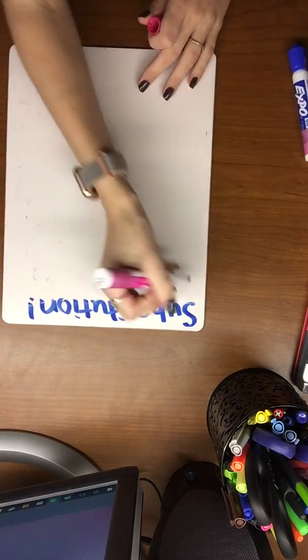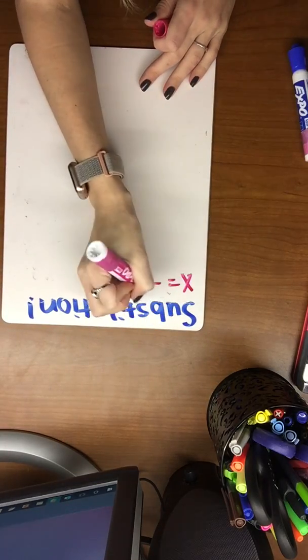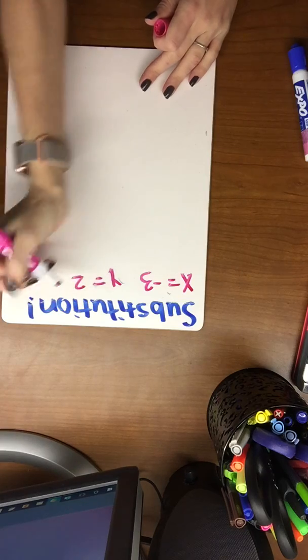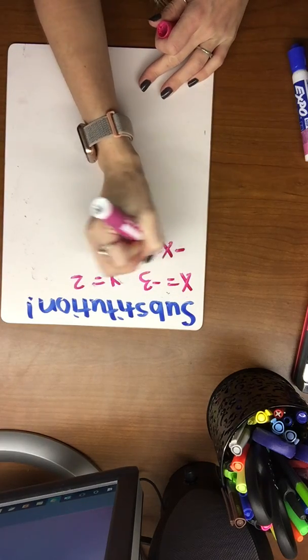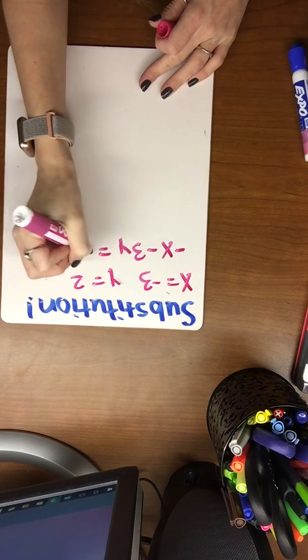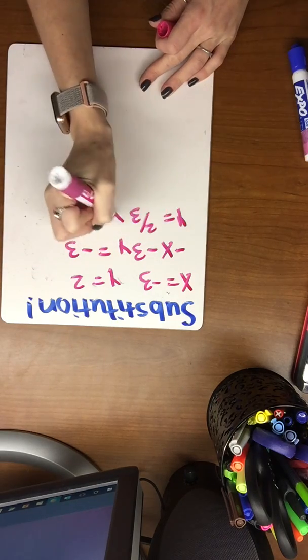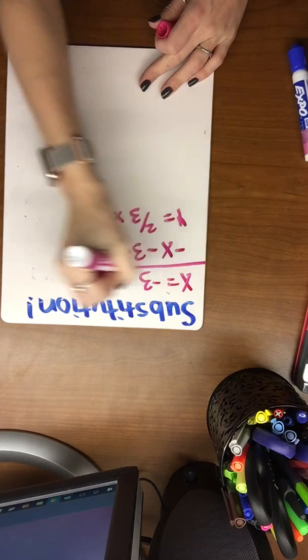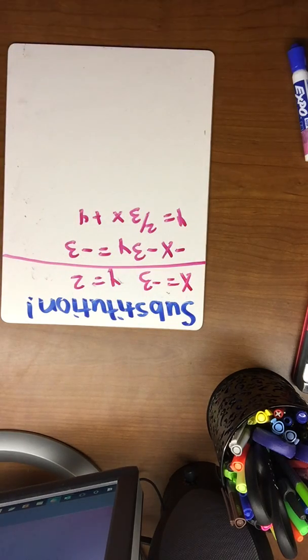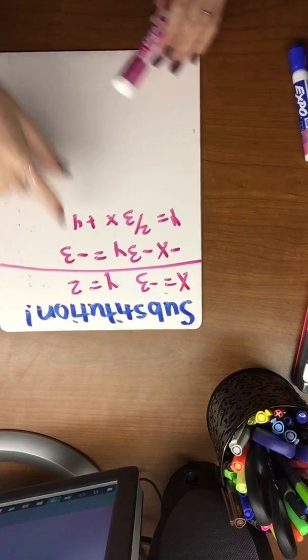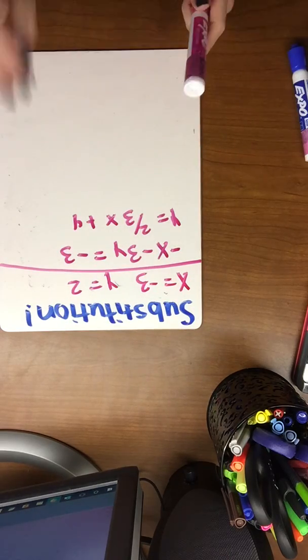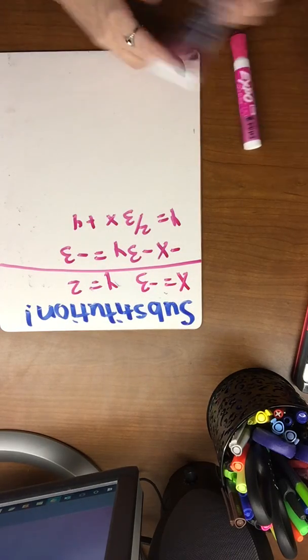We had x equals -3 and y equals 2, for the equations negative x minus 3y equals -3 and y equals 2/3 x plus 4. When we check our equations, we have to check both equations. So we have to plug in x and y for both of them and make sure that they work out. Let's do the first one.